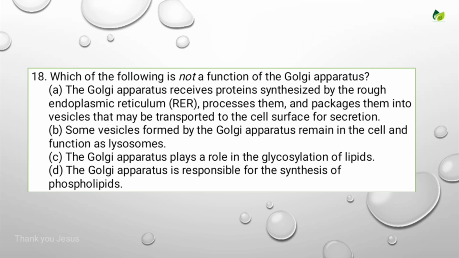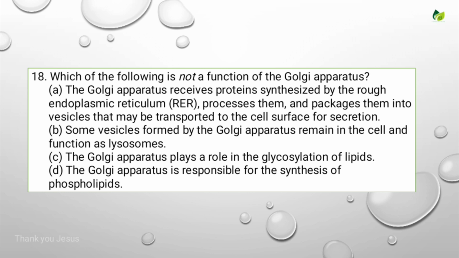Which of the following is not a function of the Golgi apparatus? The Golgi apparatus receives proteins synthesized by the rough endoplasmic reticulum, processes them and packages them into vesicles that may be transported to the cell surface for secretion. Some vesicles formed by the Golgi apparatus remain in the cell and function as lysosomes.